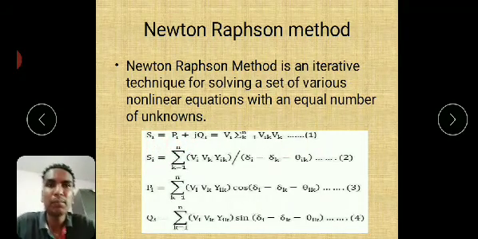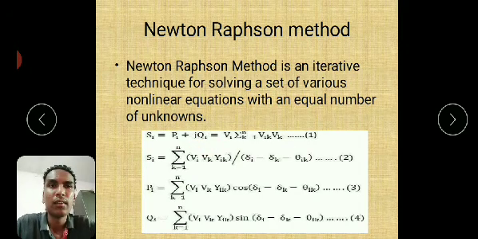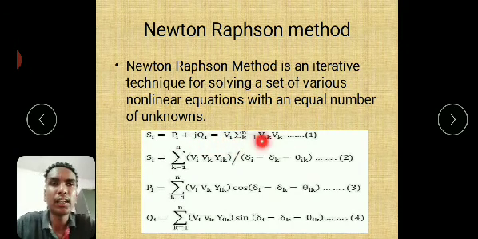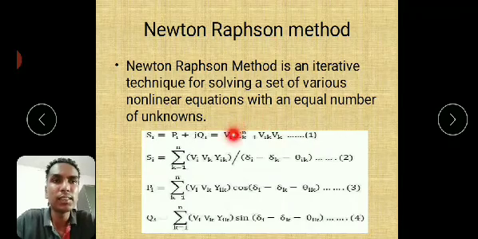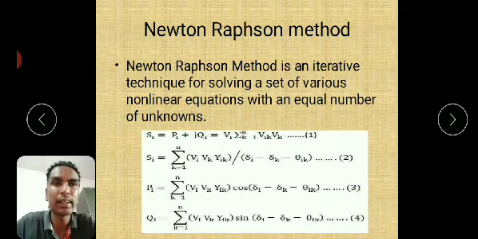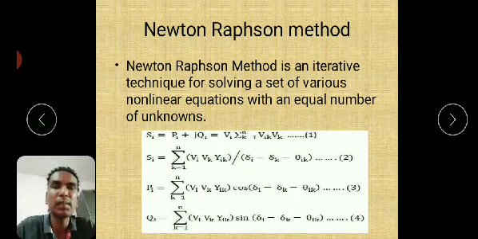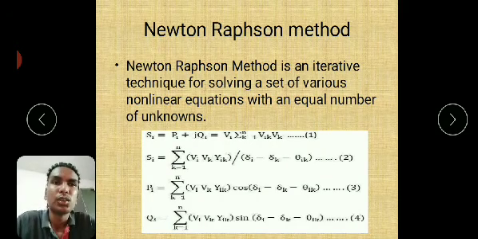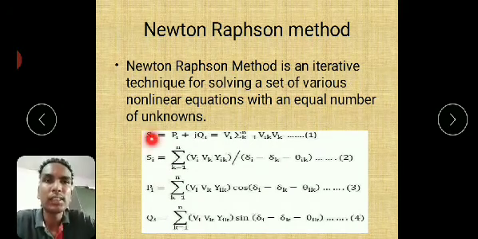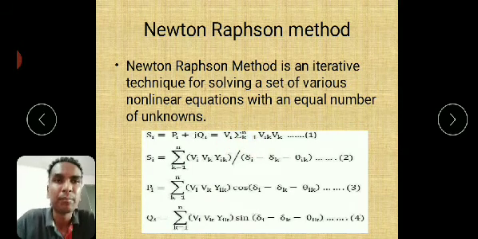Si, that is apparent power, is equal to Pi plus jQi, which is equal to Vi into Ii. This whole part is nothing but the current Ii, and this i is designated as the bus number. So S is equal to Vi into Ii.